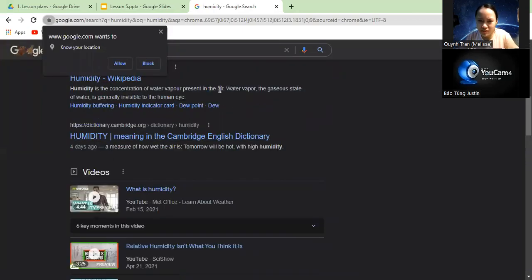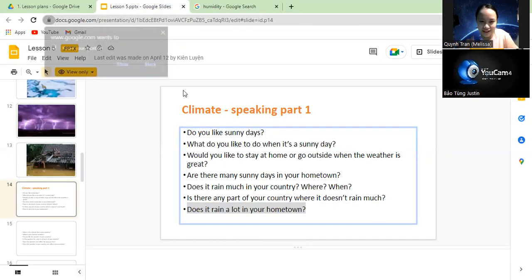Like the water in the air, like humidity. I don't know how to describe that. So high humidity. So we experience not only high precipitation, but also high humidity.